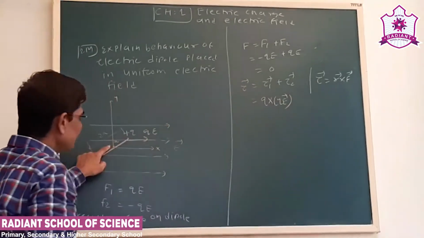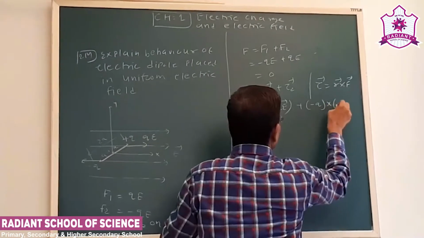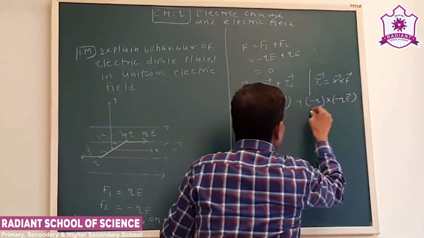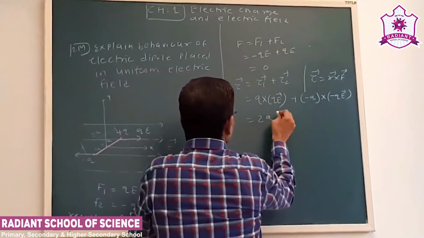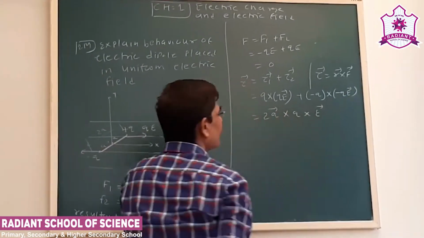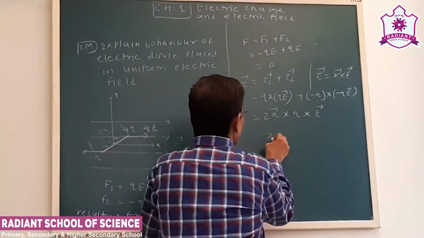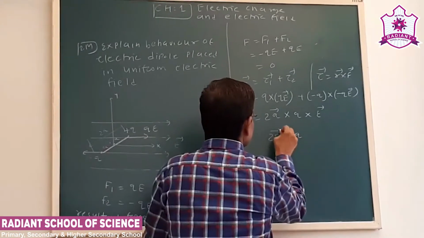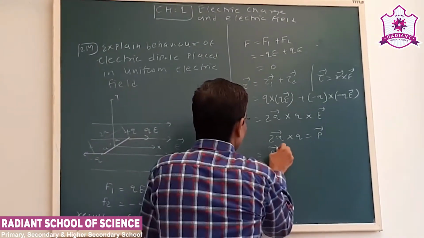Now if we consider the origin, then it will be minus A into minus QE, that will also give a positive. So in that case it will be 2A into Q into E. But we know 2A into Q is the dipole moment P. So this becomes P cross E.